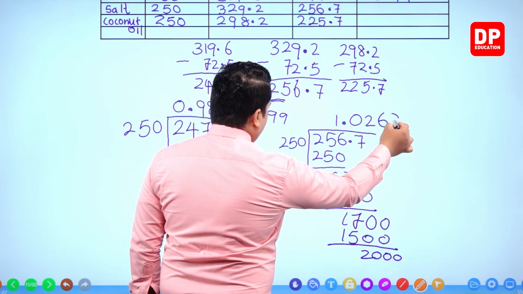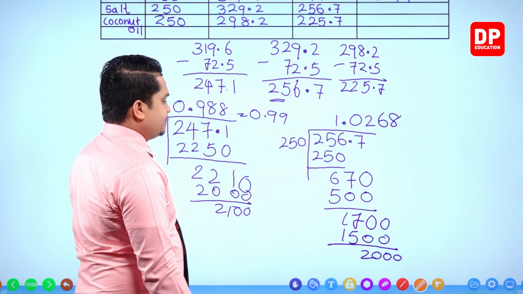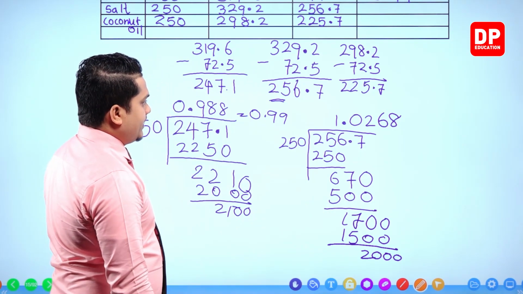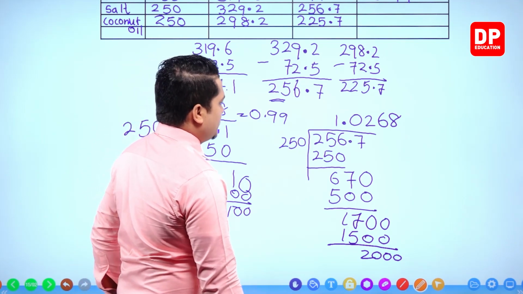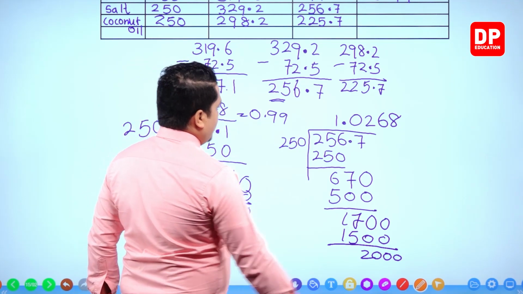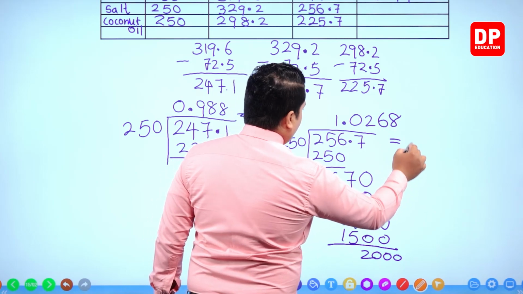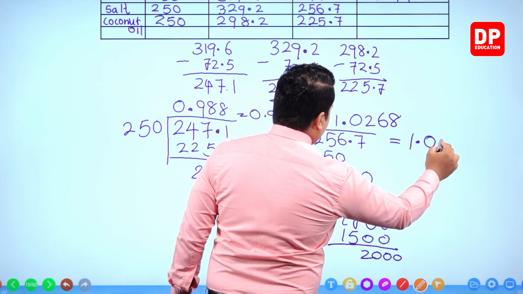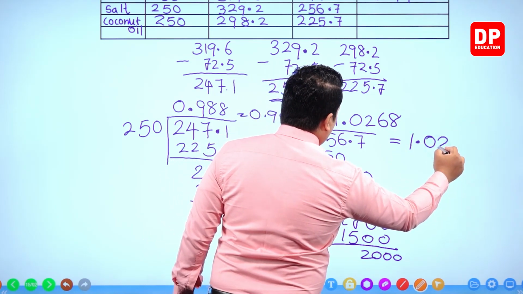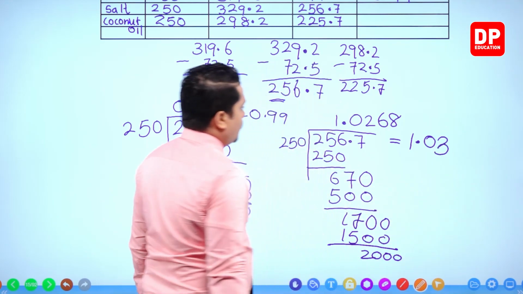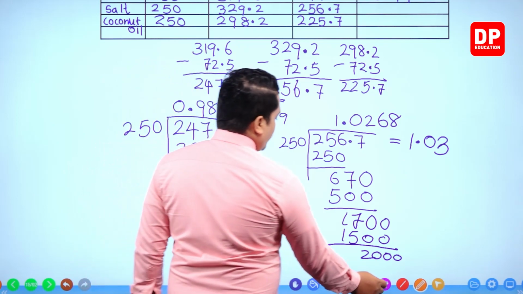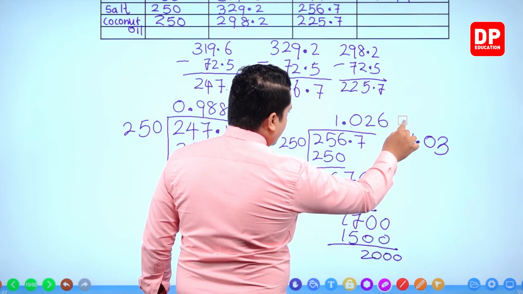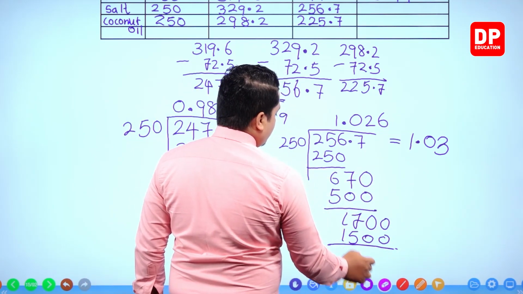So exactly there are 8. However, we won't be needing that, my dear children. You can round it off and get the answer. Here we are going to round it off to 2 decimal places, so it becomes 1.03. Like I said, we won't be needing this, so I'll erase it so that you might not get confused.